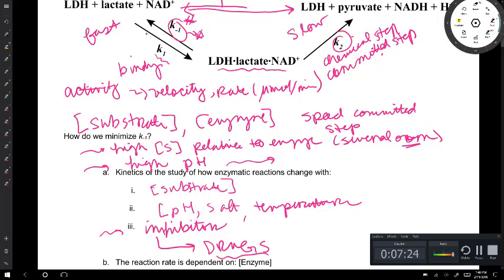By studying the Michaelis-Menten kinetics of an enzyme inhibitor, you can get practical experience with some of the vocabulary that you would see if you were reading in the literature about small molecule drugs that are enzyme inhibitors. So that's why we're focusing on using an inhibitor today.